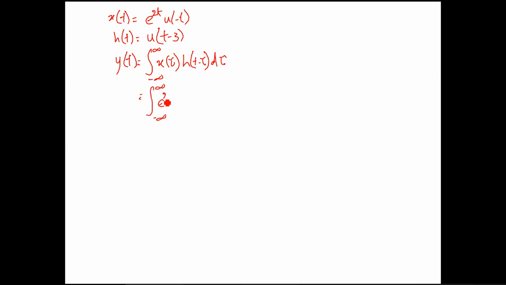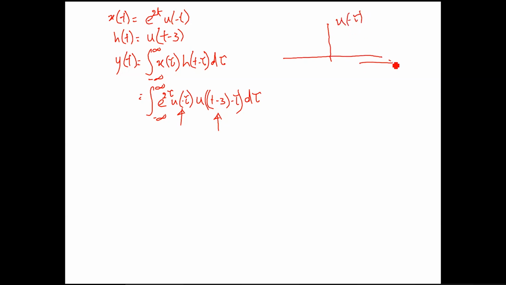It becomes e raised to the power of 2 tau u of minus tau, and this becomes u of t minus 3 minus tau d tau. Now two step signals, u of minus tau and u of t minus 3 minus tau. So let's just see those signals. Let's first see u of minus tau on a tau axis.